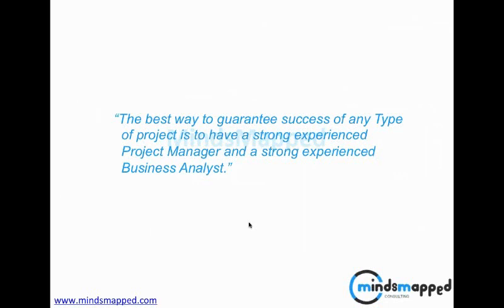I don't know who said this, but the best way to guarantee the success of any type of project is to have a strong, experienced project manager and a business analyst. Between PM and BA, you can actually know whether a project will be a success or a failure. I've seen only two people handling a whole project in such a way, because of the kind of power the project manager and BA have, clubbed with the skill set.